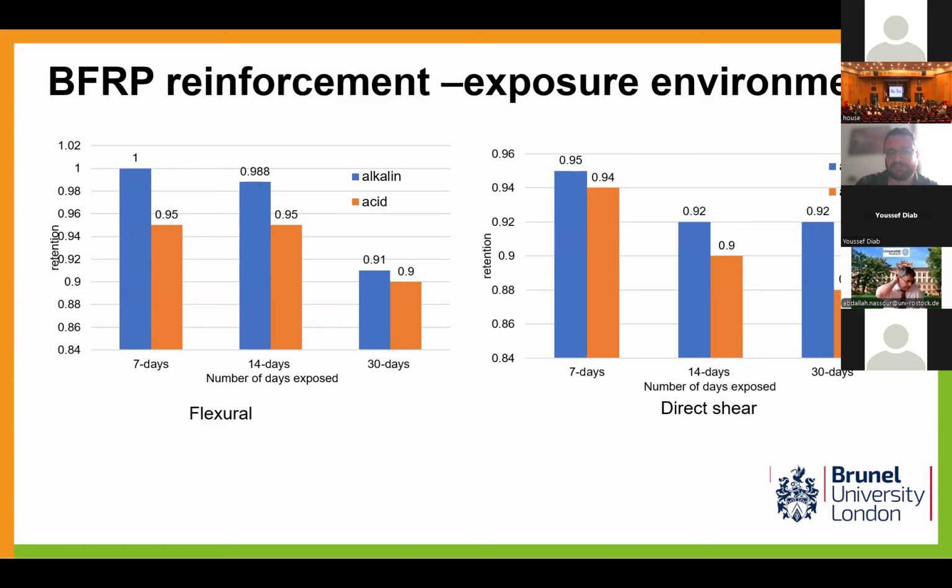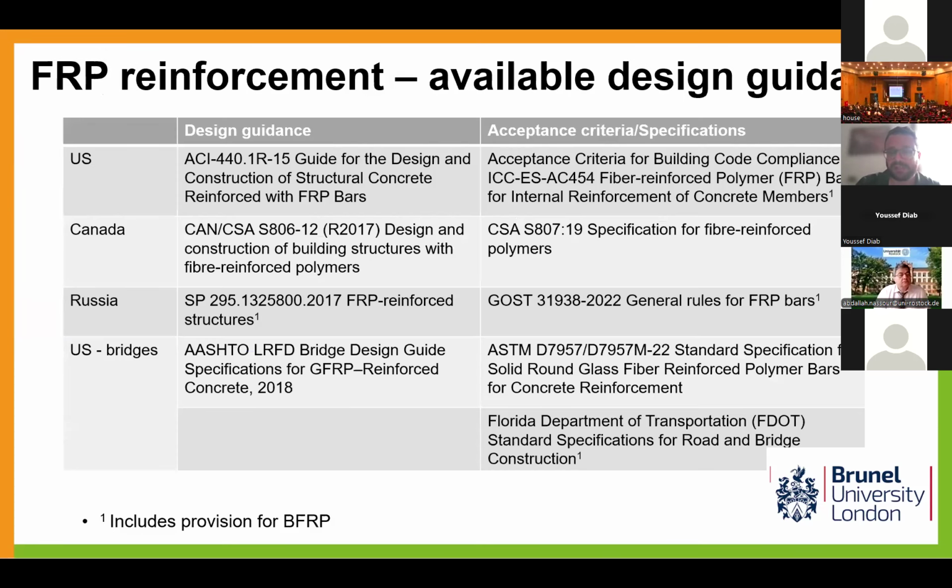What are the available design standards? Actually, the available design standard is in the US. Maybe the most recent one, which is ACI, the American standard, adopts basalt fiber reinforced polymer, but the other standards, Russian, Canadian, or US bridge standards, don't adopt anything yet for basalt fiber reinforced polymer because of the lack of testing and investigations.